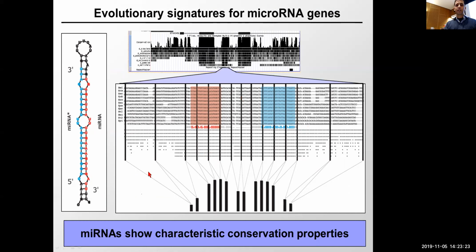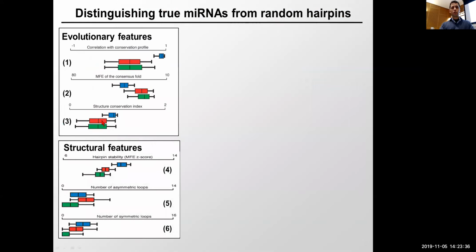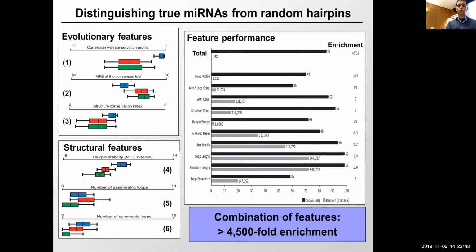What we find is lower conservation surrounding the hairpins and lower conservation in the middle of the hairpins, but higher conservation within the body is in fact the signature for microRNAs. That gives us one such signature, but then we can combine that with structural features and other features together. And that gives us this 4,500-fold enrichment for recognizing these true microRNAs.